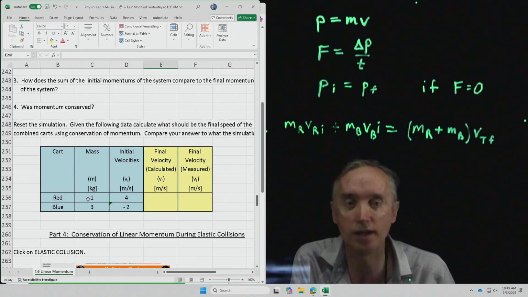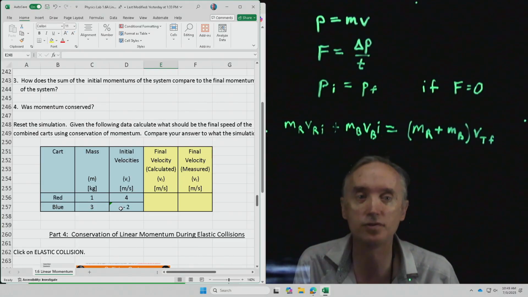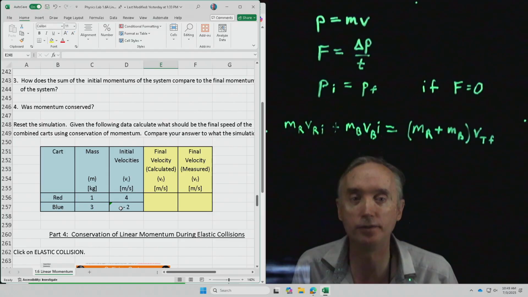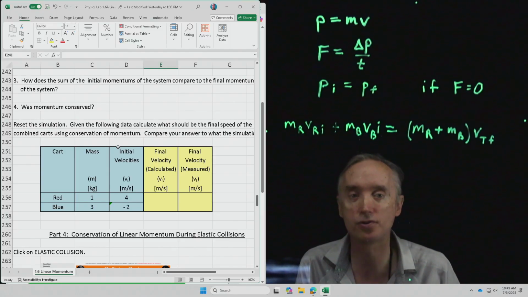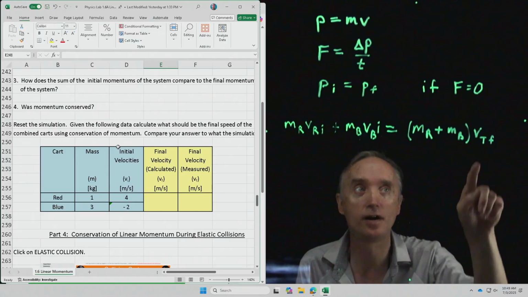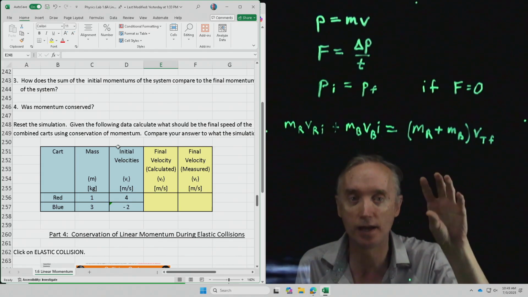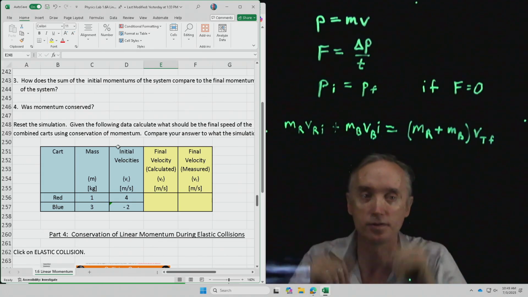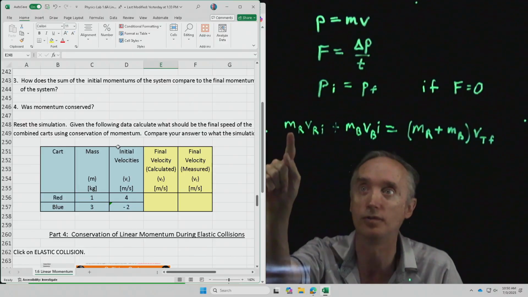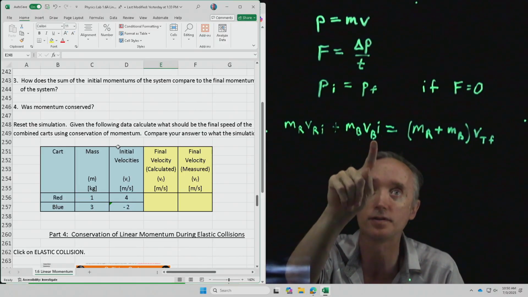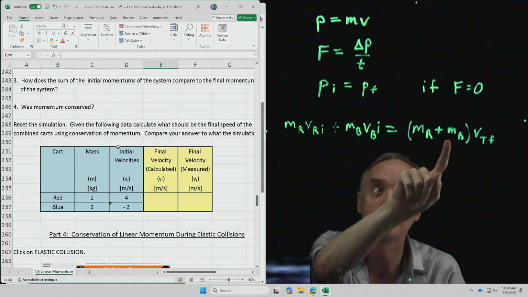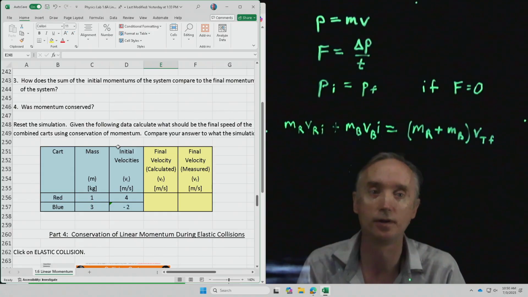So notice I changed the masses and I changed the velocities, and you're going to calculate what should be the final velocity of the system. You're going to calculate it using this equation, because you're going to know this and this and this and this, and you'll know that, and then you can solve it for that.